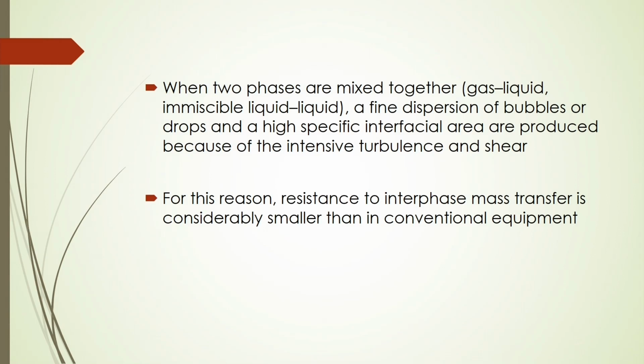So, there may be high turbulence, and also there may be shear of the liquid element with the mixing elements, based on which you can get more surface area just by forming bubbles and droplets.